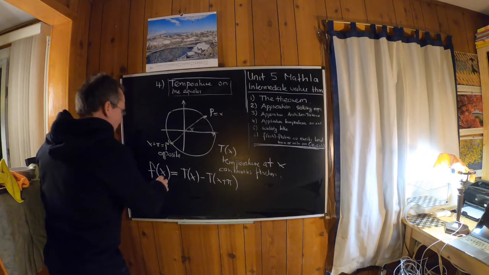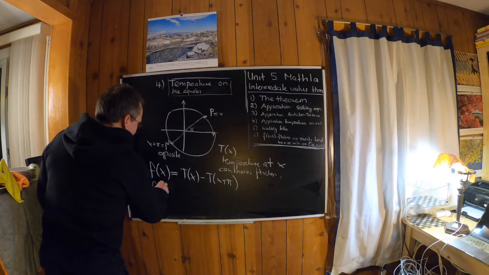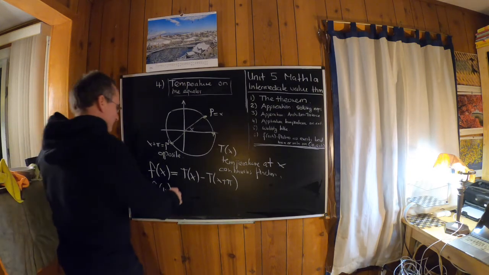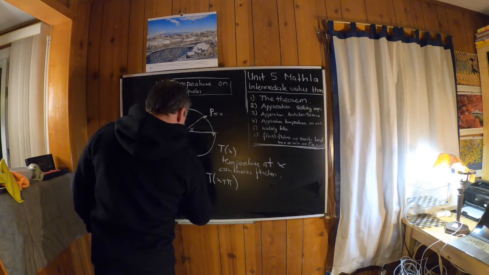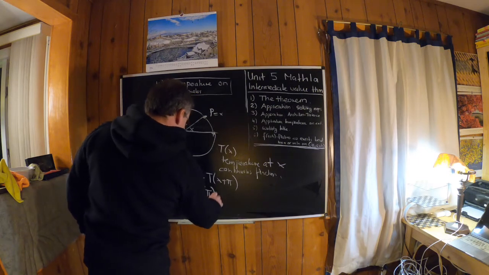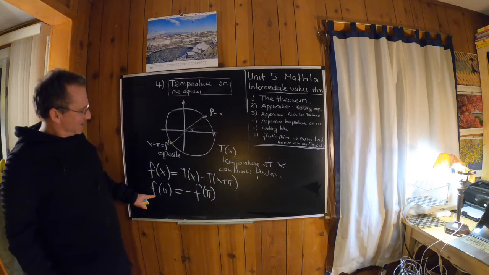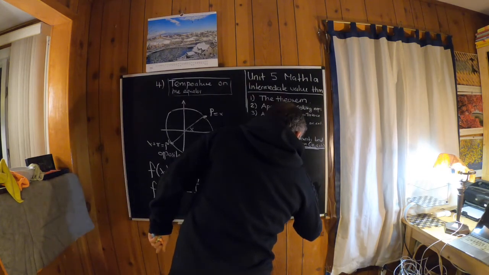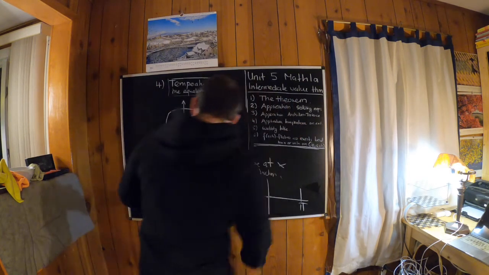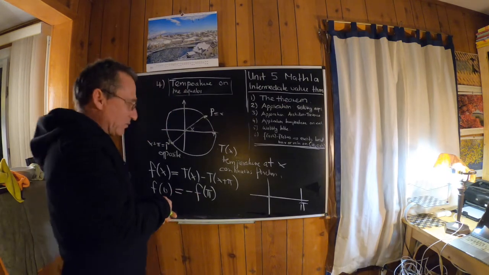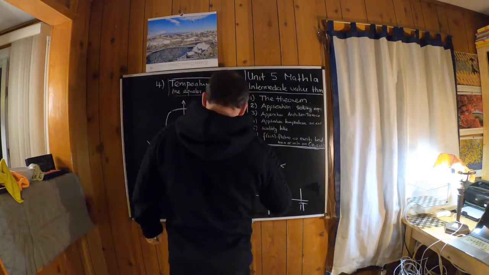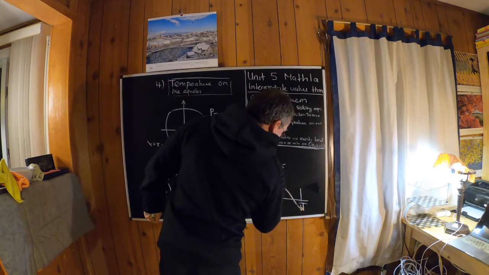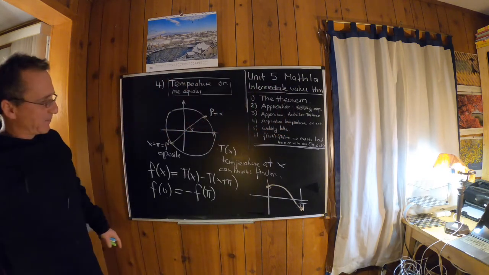So what we notice is that f of 0 is just the opposite of f of pi. If you look at the graph of this function from 0 to pi, we don't know anything about it, but at 0 it has to be the negative of the value at pi.